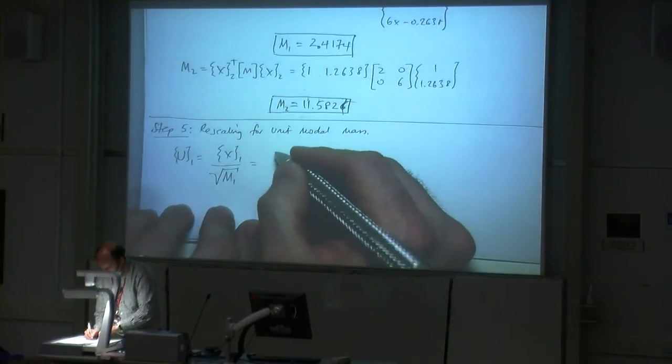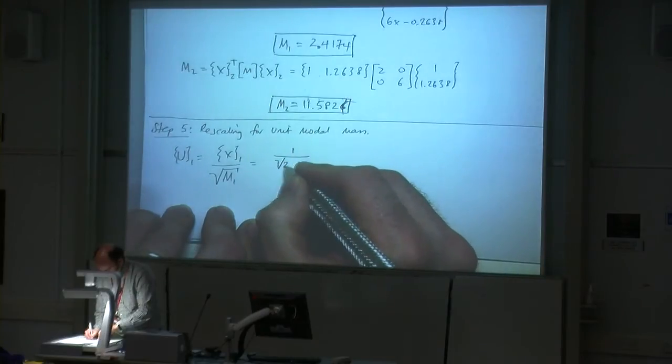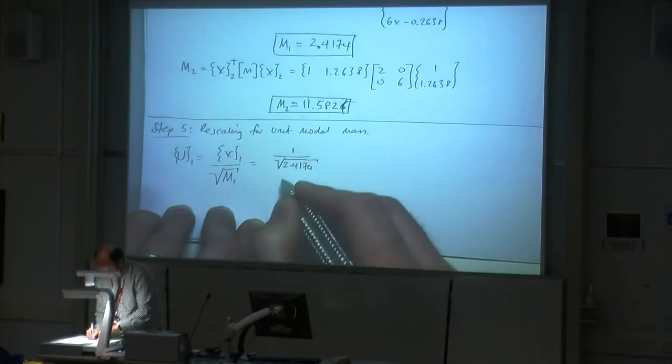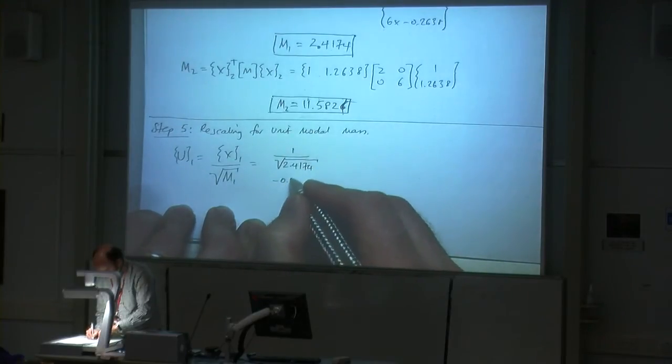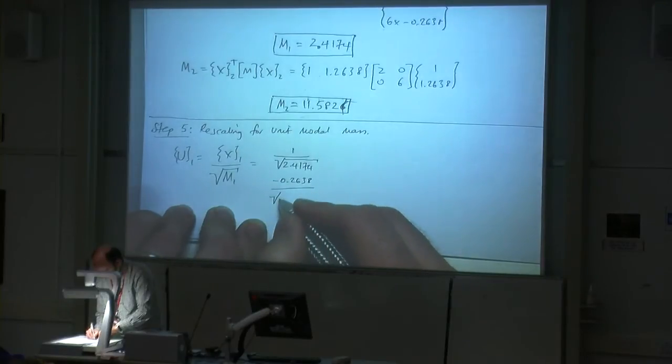So we've got 1 divided by the square root of 2.4174, and we've got minus 0.2638 divided by the square root of 2.4174.